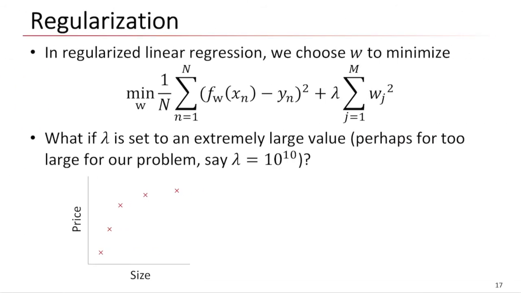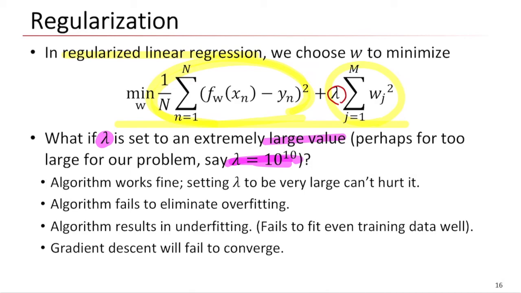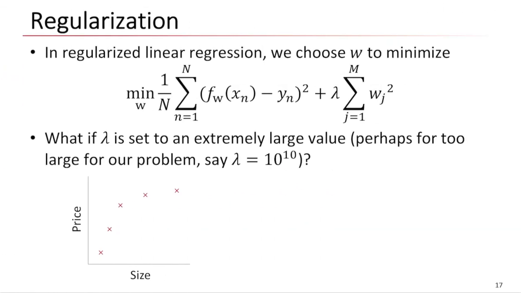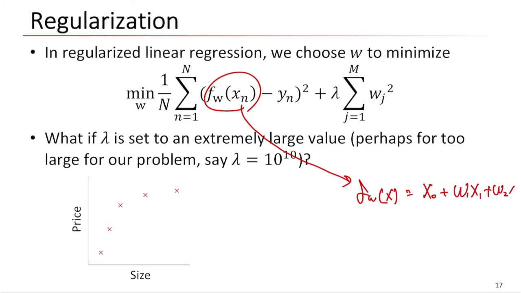Okay, let's see the example first. If this term is extremely high, let's say we have a mapping function something like w0 plus w1 x1 plus w2 x2, right?